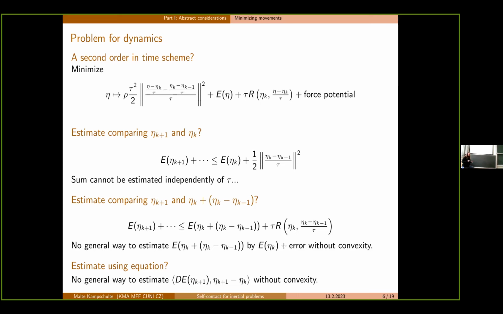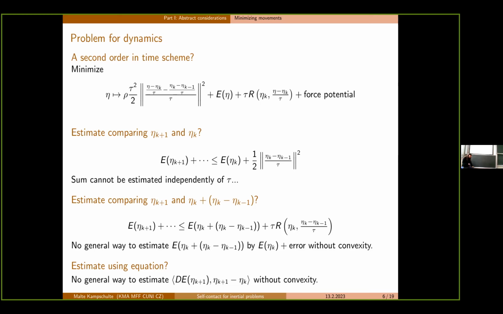Again, take a very specific problem, you can do very specific estimates to make it work. But the only way to get a good estimate is if you only test on the continuous level. But you cannot get to the continuous level here because you need an estimate to send the time step to 0.